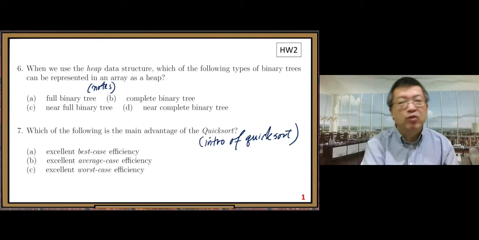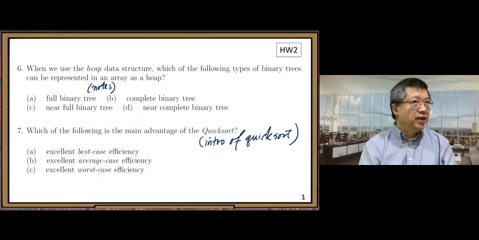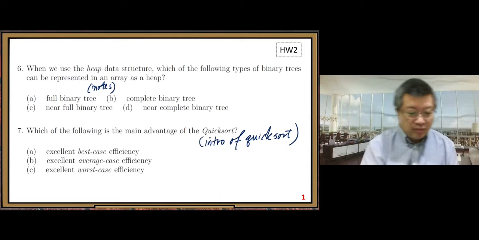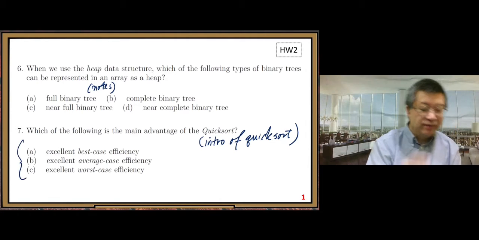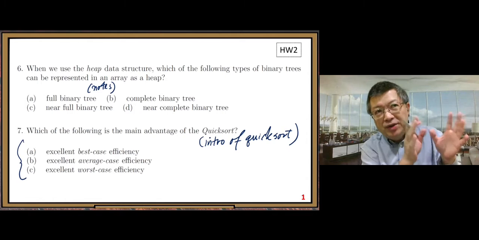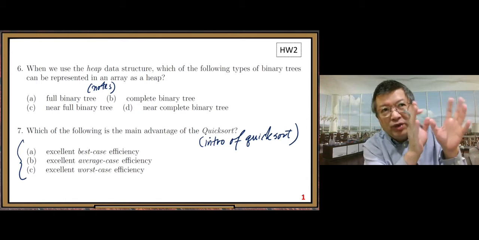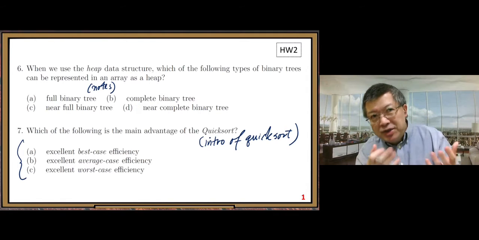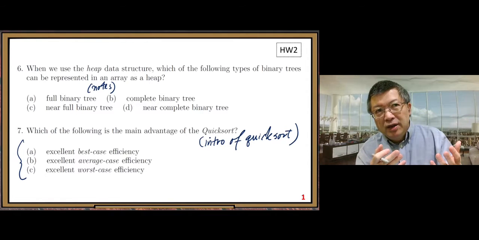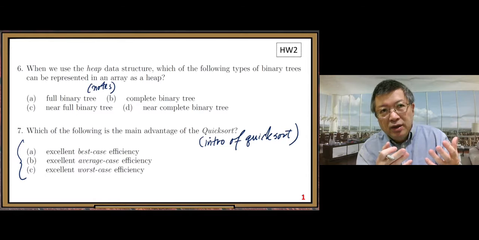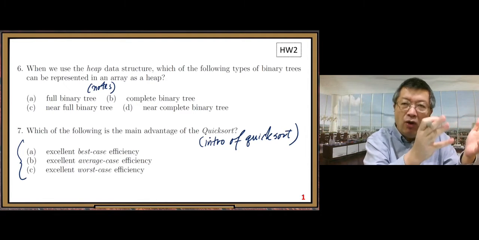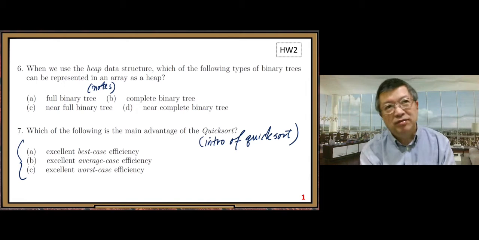There must be some reason. The most important reason is related to this question. What do we try to do? Do we try to get the best, worst case efficiency, best case efficiency, or average case efficiency?